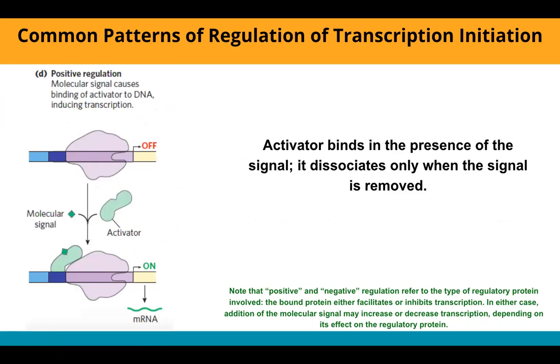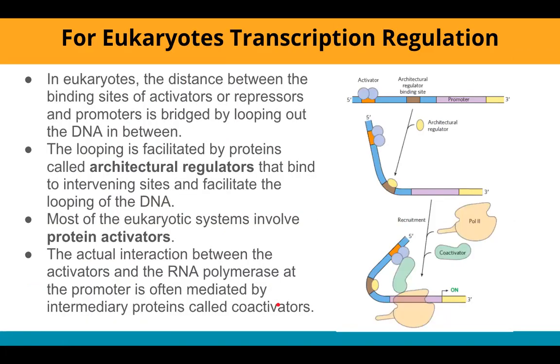Next is another possibility of positive regulation, wherein the molecular signal activates the activator. If we activate the activator, that activator will in turn activate the RNA polymerase to proceed to gene expression. For eukaryotic transcription regulation, the distance between binding sites of activators or repressors and promoters is bridged by looping out the DNA in between.